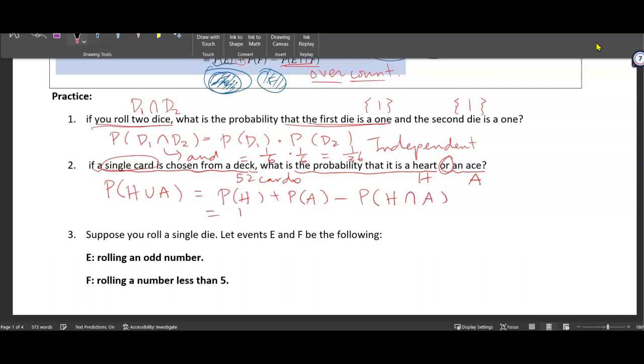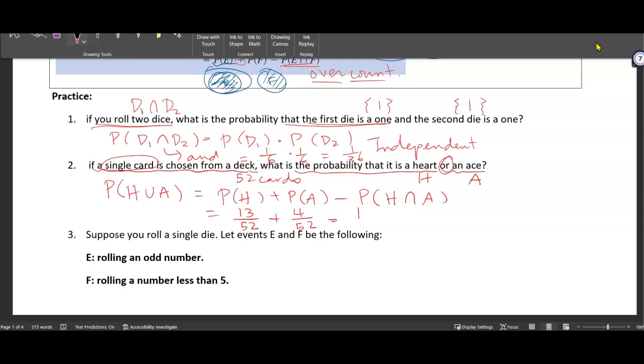So we have 13 cards out of the 52 that are hearts. And ace, we have 4 out of 52. Is there any card that we counted twice? We counted it as a heart and as an ace two times, when we're supposed to only count it once. So the ace of hearts is the one that we counted as a heart and also as an ace.